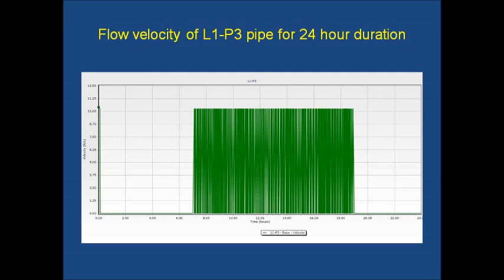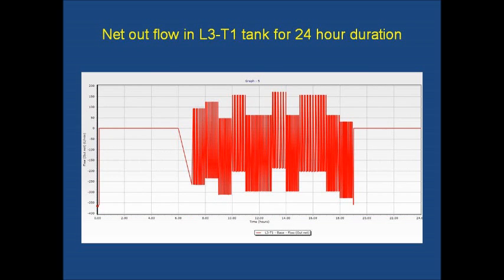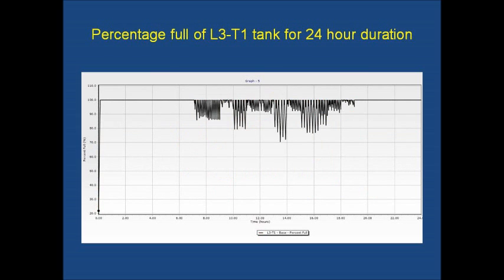The flow velocity of the pipe L1P3 for 24-hour duration. This is one type of result. The other type of result we have is in the tank for 24-hour duration, L3T1 net outflow. Next, for the same tank for 24-hour duration we have the percentage full.